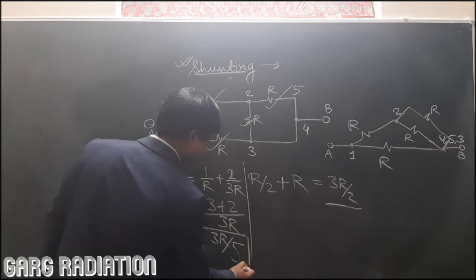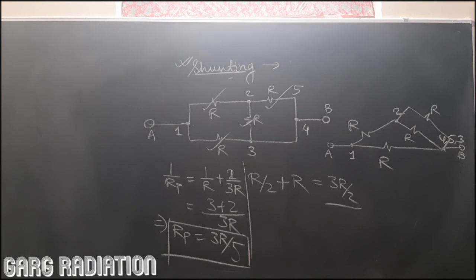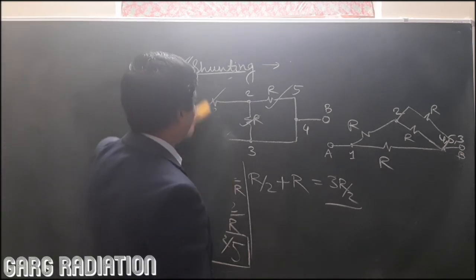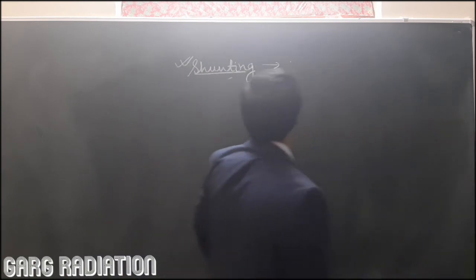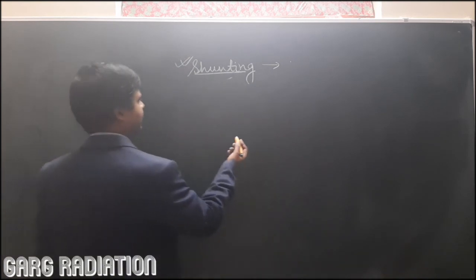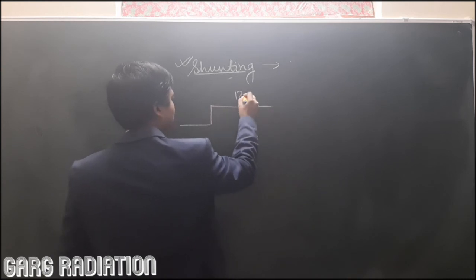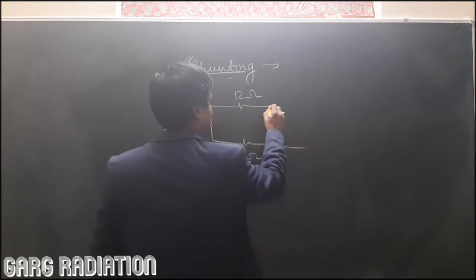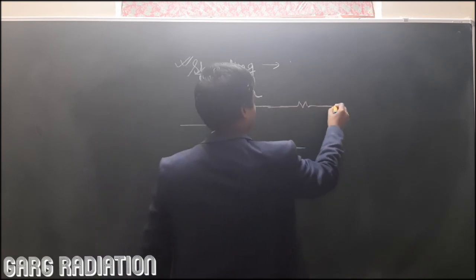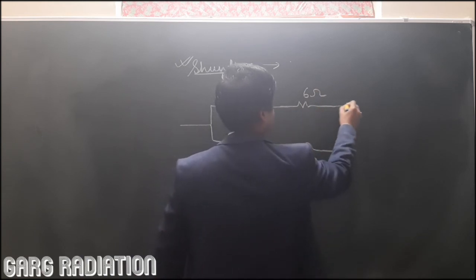So I hope you have understood. Please note this down. Okay, so now let's move to the next problem. Suppose we have 12 ohm resistance, 6 ohm resistance, and then again 6 ohm resistance and 12 ohm resistance.